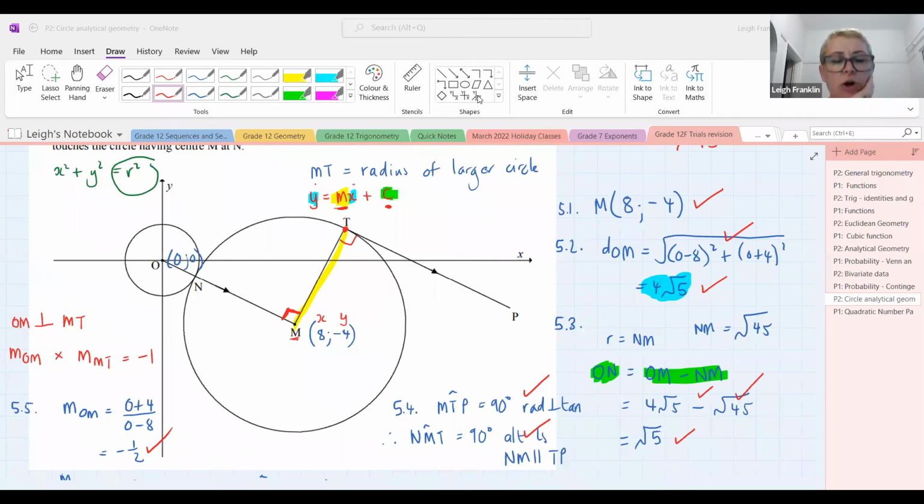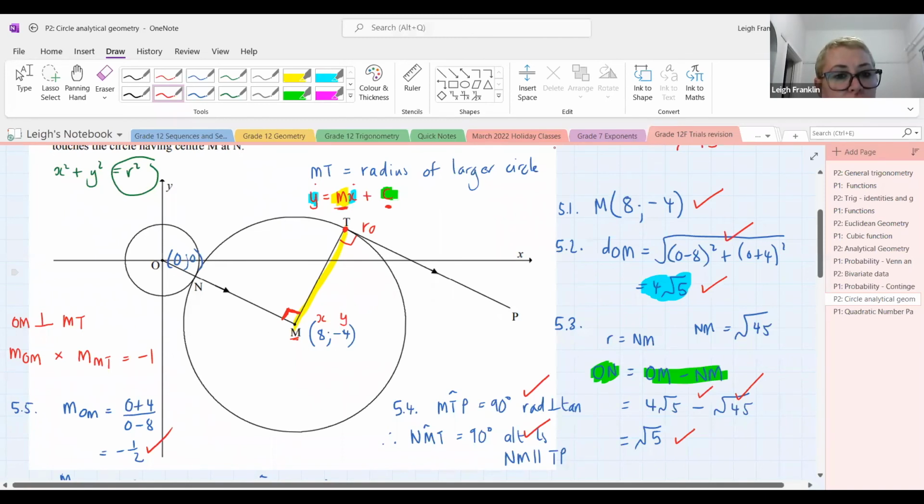All right. So at T, we have the radius, the tangent, and the circle all touching each other.